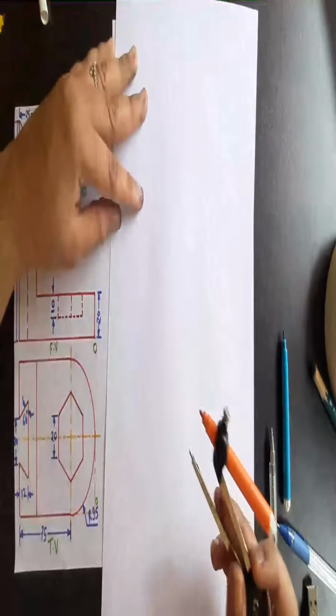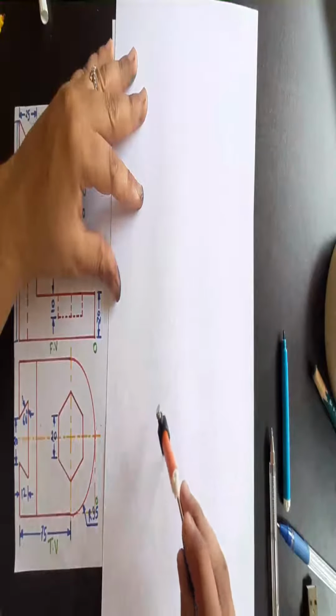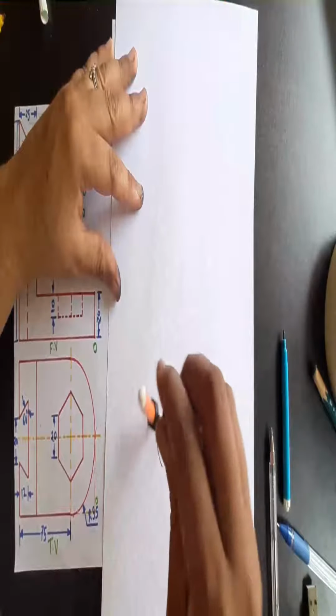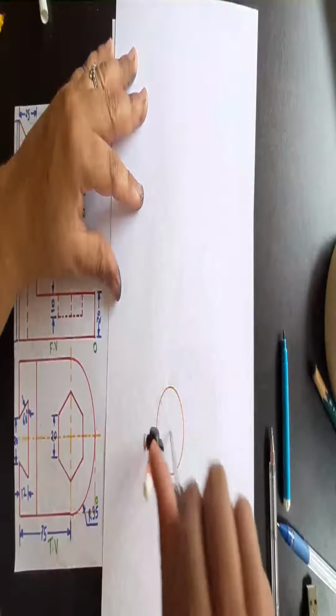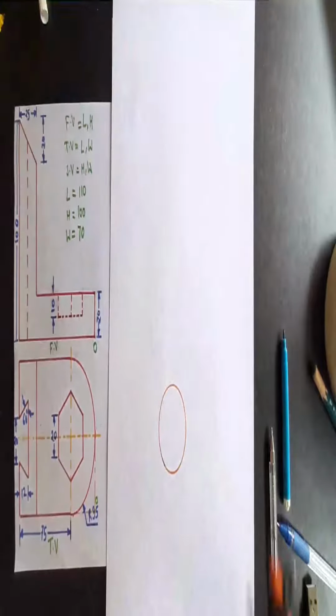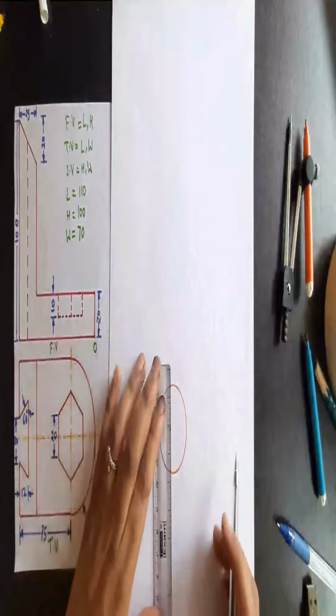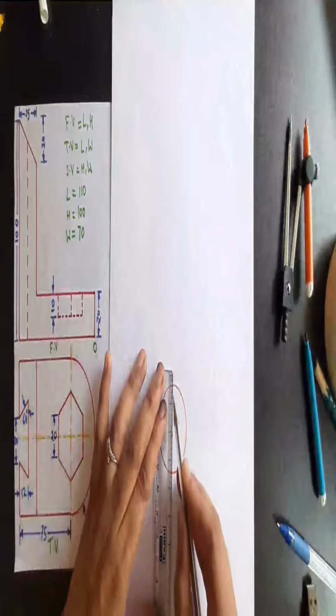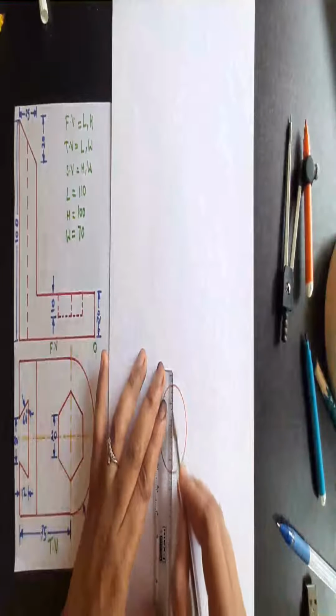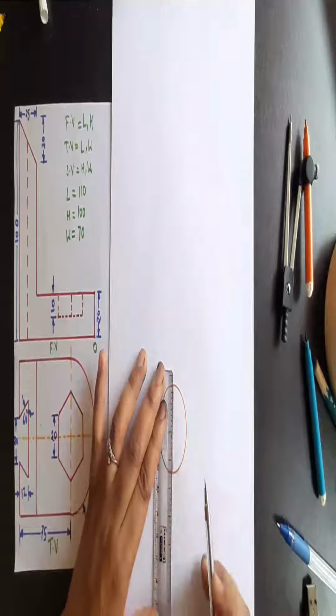Take the distance of 20 mm in your compass and draw a circle of radius 20 mm. Once you have drawn the circle of 20 mm, draw the vertical diagonal. So this is my vertical diagonal, that is this one.